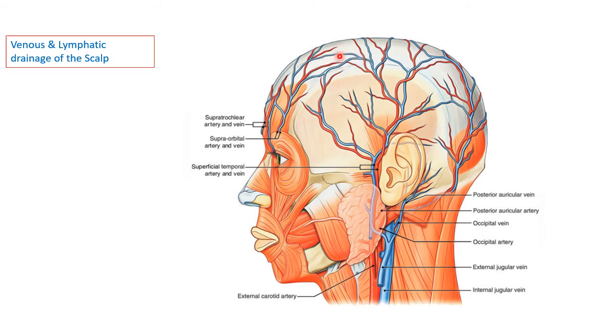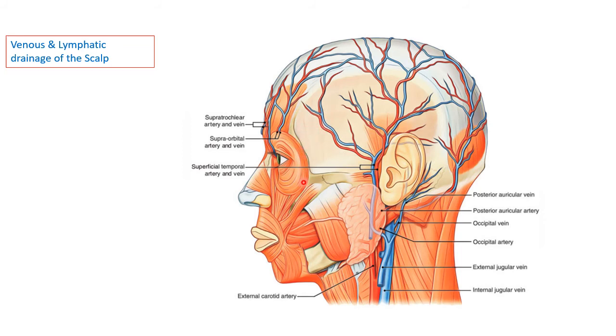And the other set is the mastoid emissary veins, which pass through the mastoid foramen and communicate with the sigmoid sinus. So that was about the venous drainage and emissary veins.